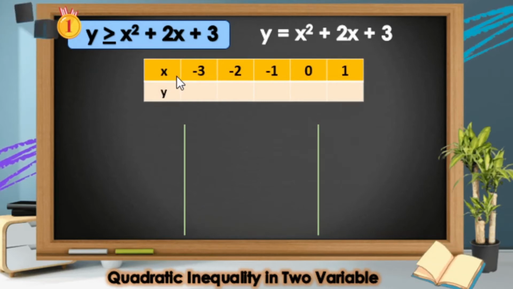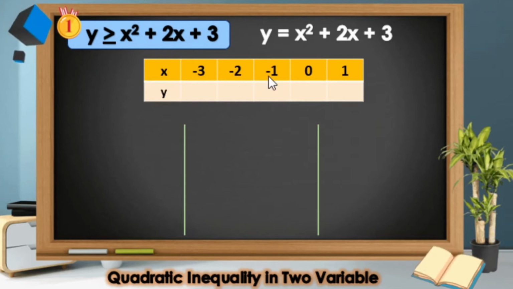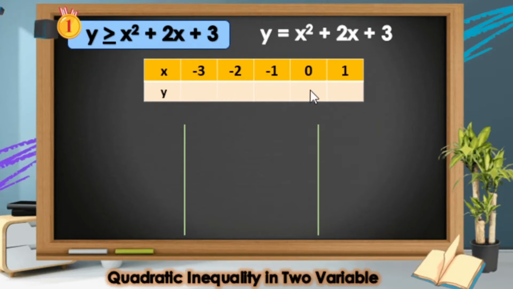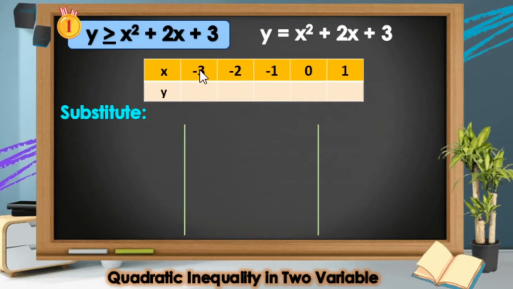So let's say the value of x is negative 3, negative 2, negative 1, 0, and 1. So we need to find the values of y. No? So we have to substitute negative 3, negative 2, negative 1, 0, and 1 sa ating y is equal to x squared plus 2x plus 3.